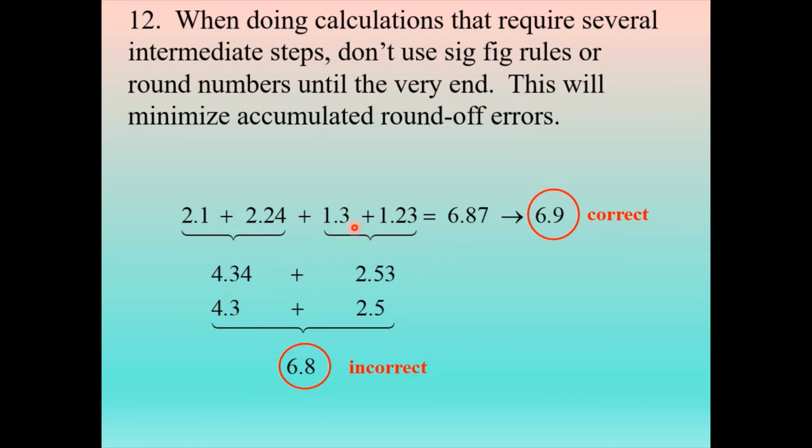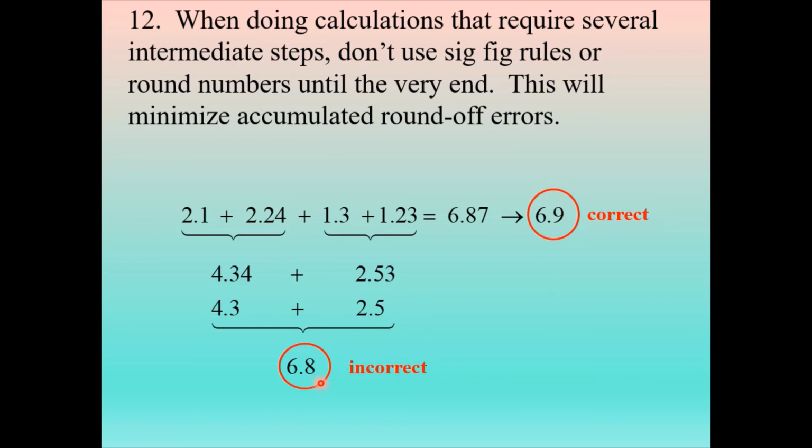Then let's add up the second two numbers, 1.3 plus 1.23. We get 2.53, but this number 1.3 only has one number to the right of the decimal, so we think we should round that to 2.5. Now we add 4.3 and 2.5, and we get 6.8. But this is not the correct answer. The correct number is 6.9.